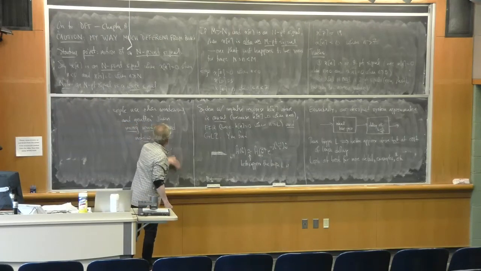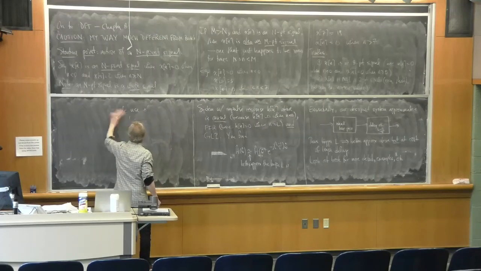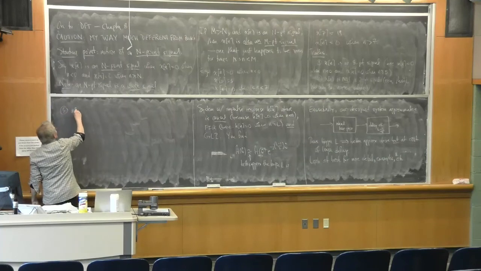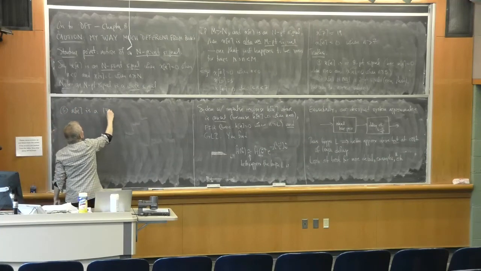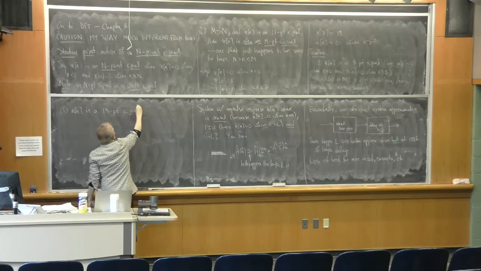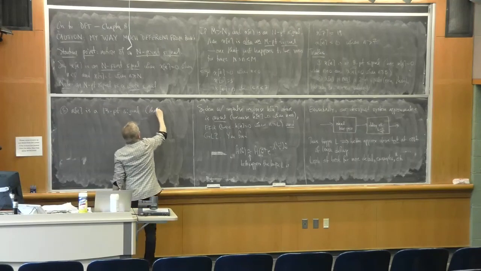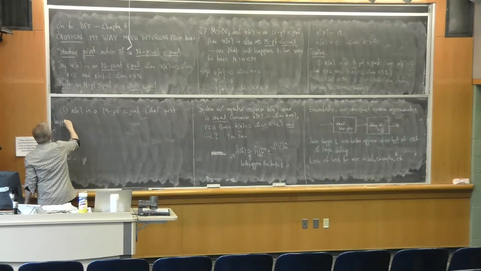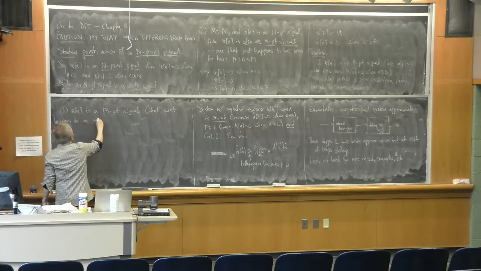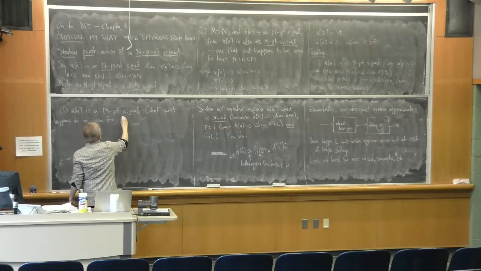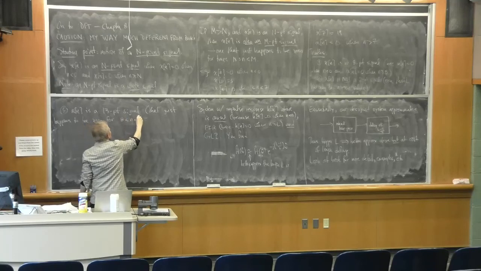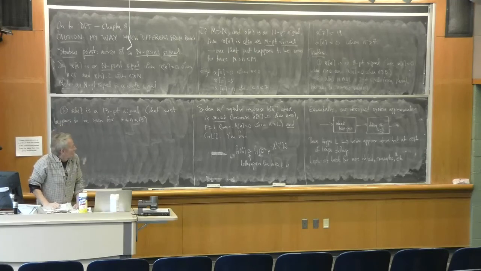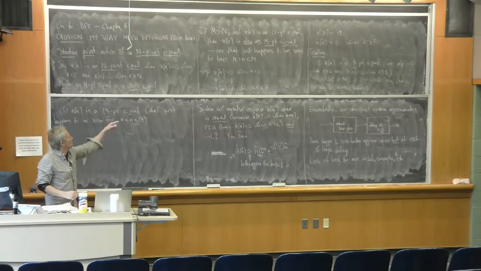So truth number 3: x of n is a 13-point signal that just happens to be 0 for 8 less than or equal to n less than 13. Okay, so those are some truths about x of n, when x of n is defined that way.